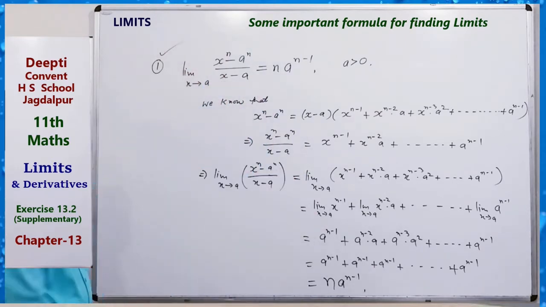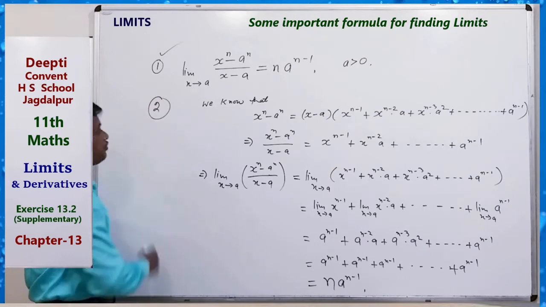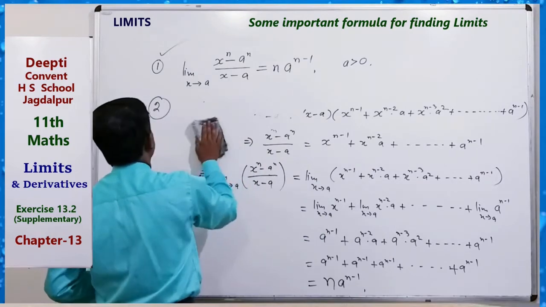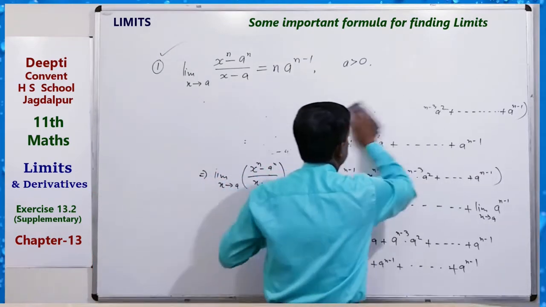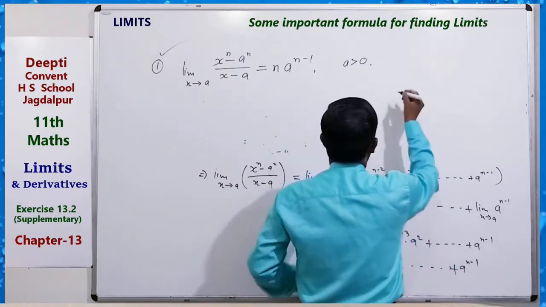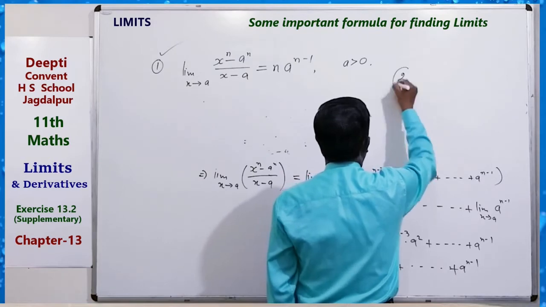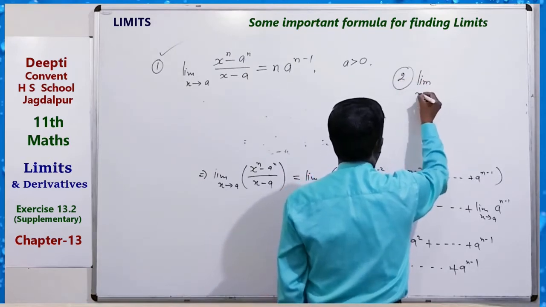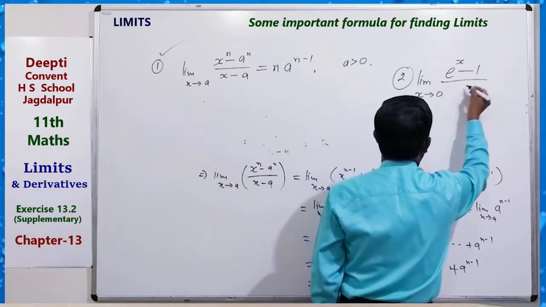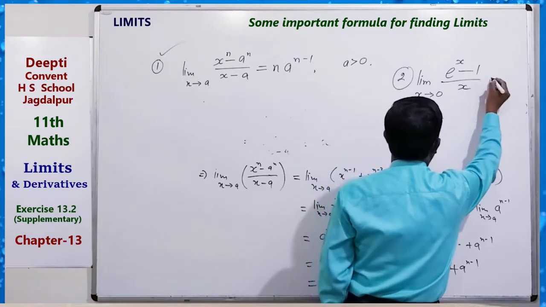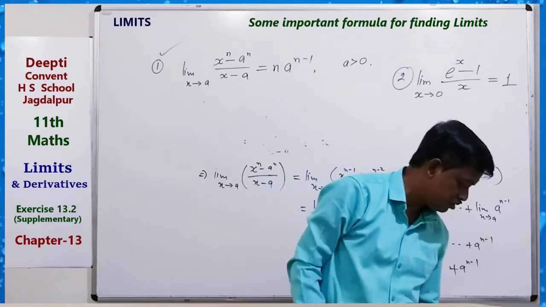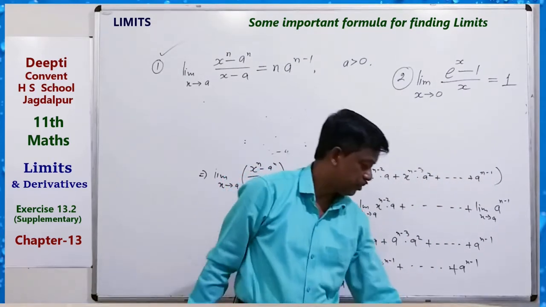Okay, formula. The second formula we have just proved. The second formula is: limit x tending to 0 of e to the power x minus 1 upon x equals 1.